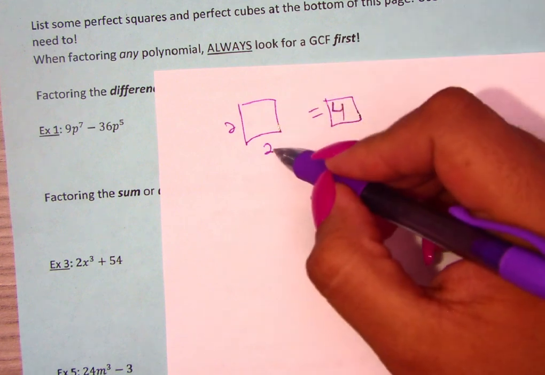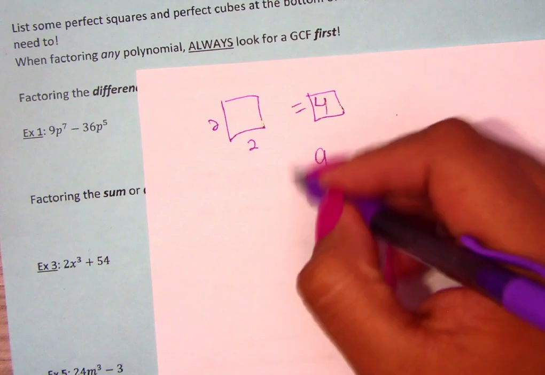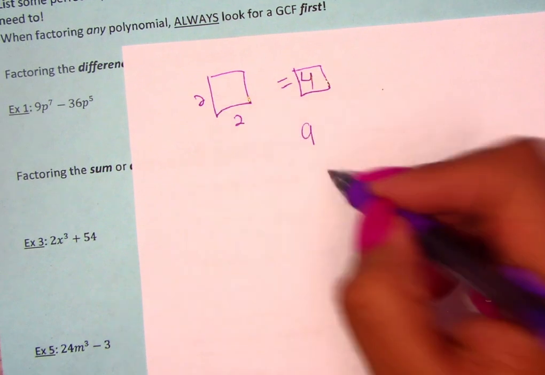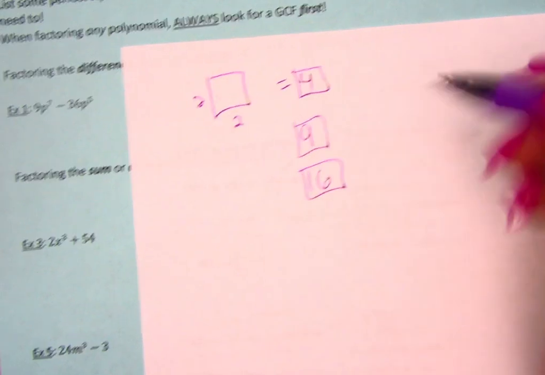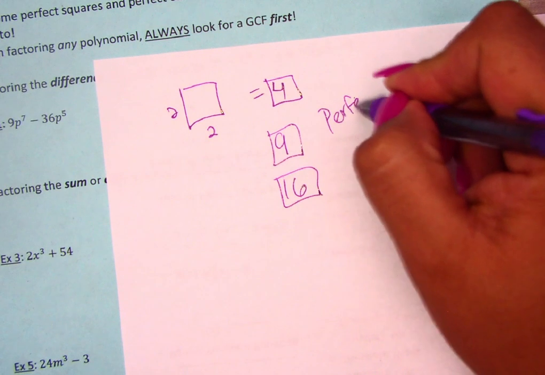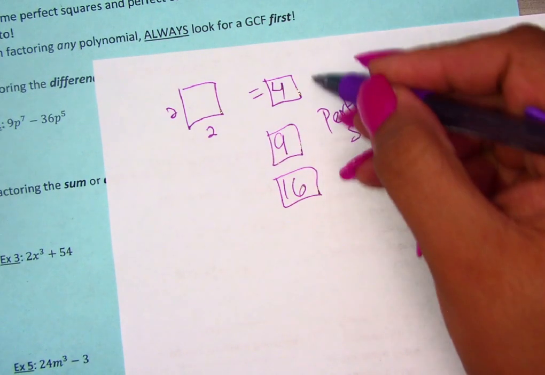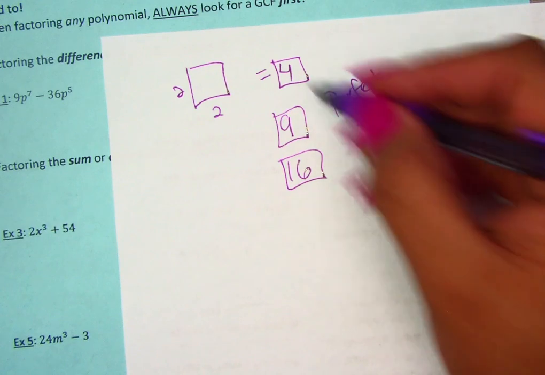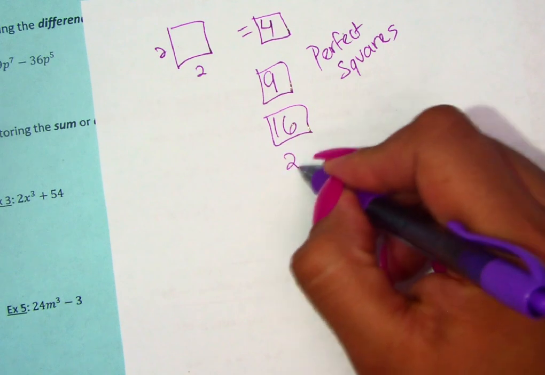If you replace that number with 3, you're going to have 9, because 3 times 3 is 9. And 4 times 4 is 16. So it creates a pattern of numbers that are called perfect squares. You're supposed to know these by now: 2 times 2 is 4, 3 times 3 is 9, 4 times 4 is 16, 5 times 5 is 25.